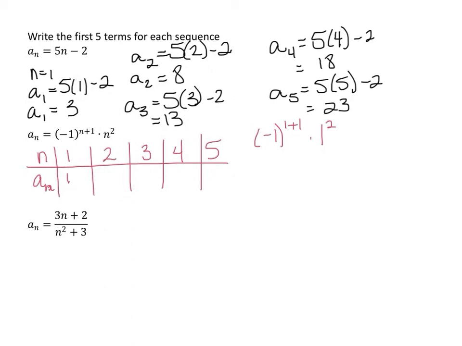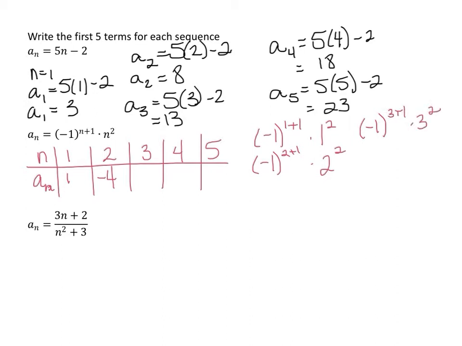We would do it again, negative 1 to the power of 2 plus 1 times 2 squared. So now we're looking at negative 1 to the power of 3, so that's negative 1 times 4 is negative 4. Negative 1 to the power of 3 plus 1 times 3 squared.